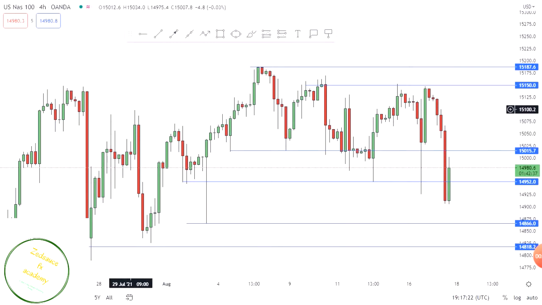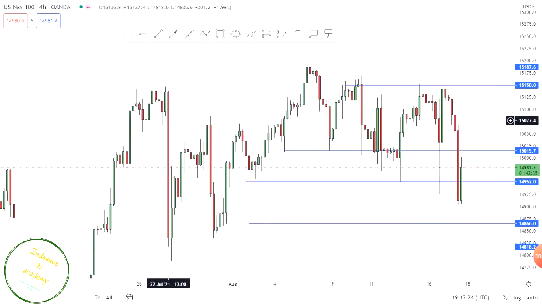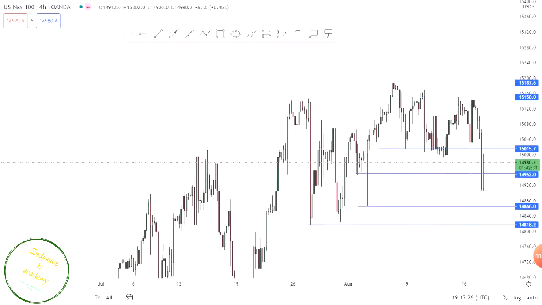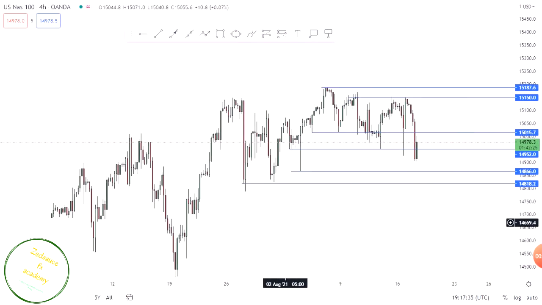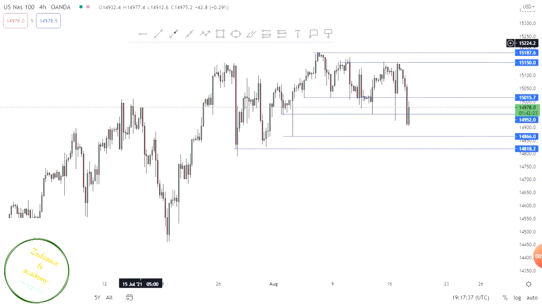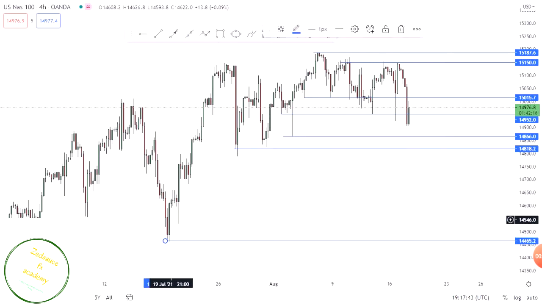You can go back if you want to, but I usually prefer just marking up the zones that are recent, because we're scalping and we're not looking for long-term trades. On a 15-minute time frame, you can mark up your zones, mark them as zones, because always remember the turning point of the market is a zone.